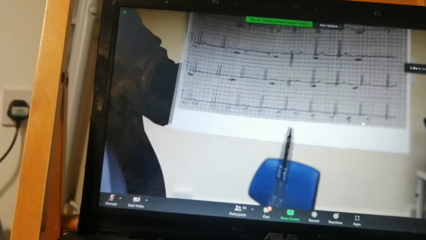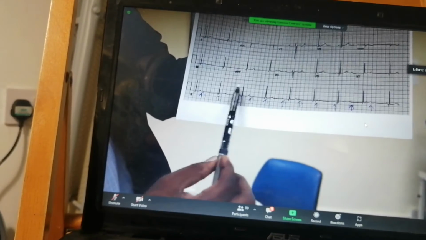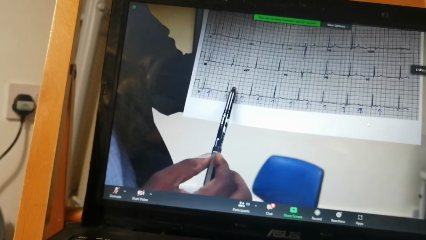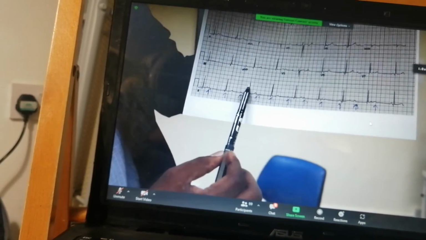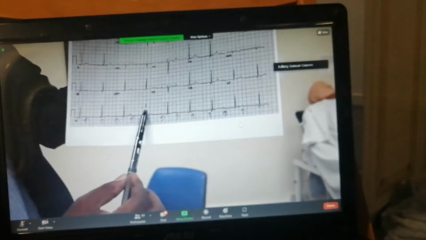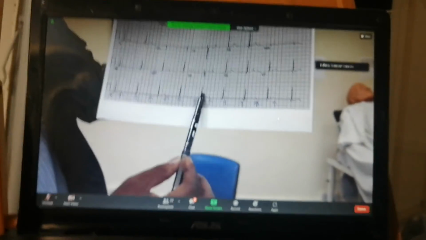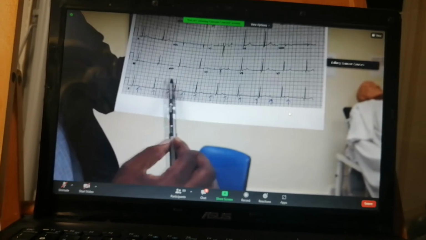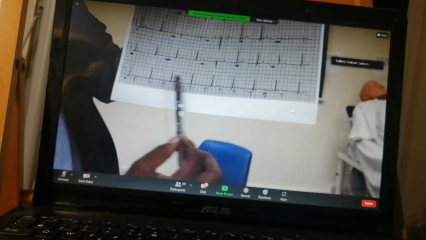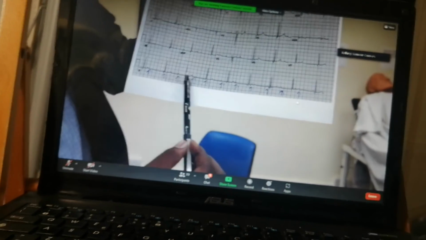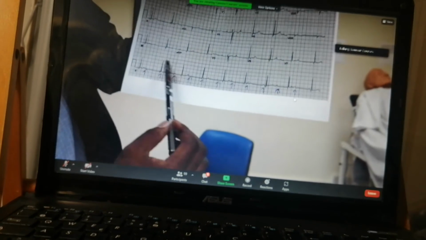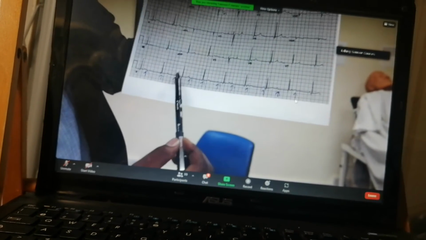But the QRS complexes, how many big boxes? 1, 2, 3, 4, 5, 6, 6.5. Every time about 6. So the QRS complexes are regular. So it's a regular rhythm, but the P wave is sometimes there and sometimes not. If the QRS complexes are regular and the P wave does not seem to be there every time, you need to think of a complete heart block.